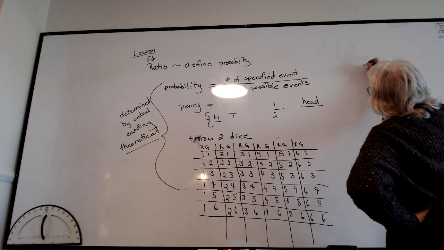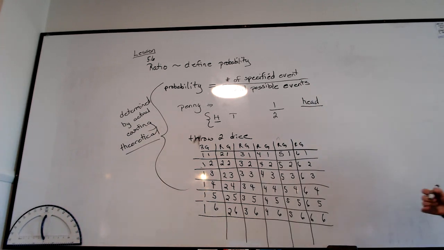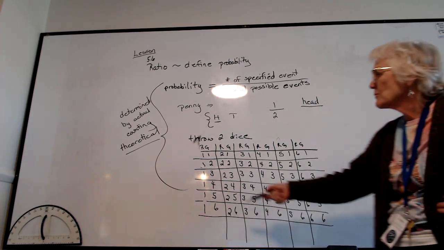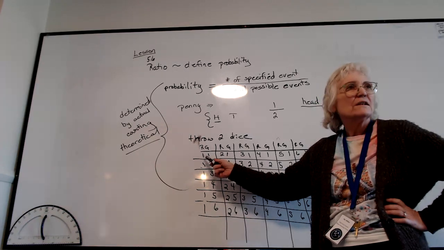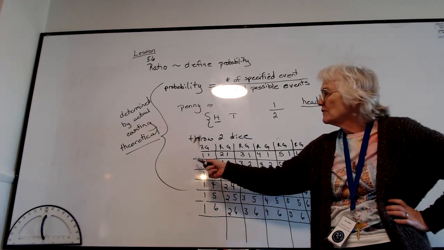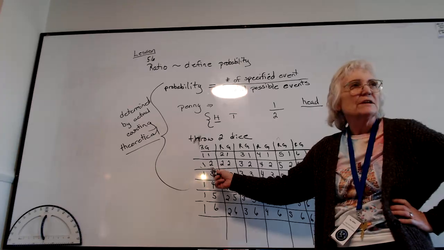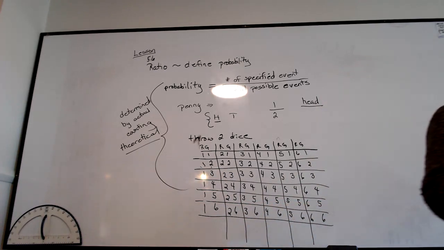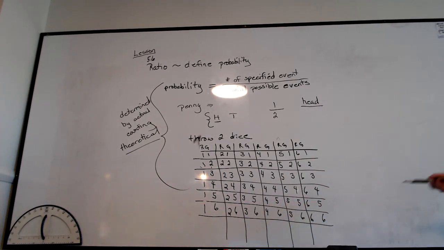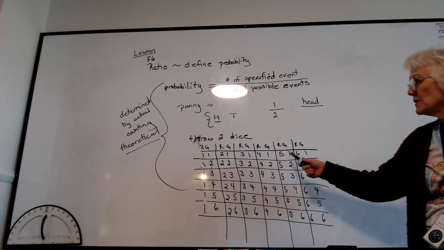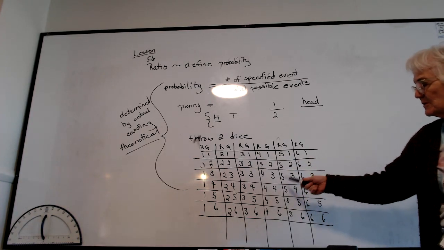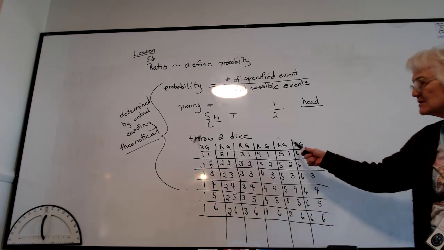This isn't getting confusing at all. So if I throw a red 1, I get a green 1, or I can also get a green 2. Those are all the possibilities, because if I have a 5 on the red, it could be a 1, 2, 3, 4, 5, or 6 on the green.